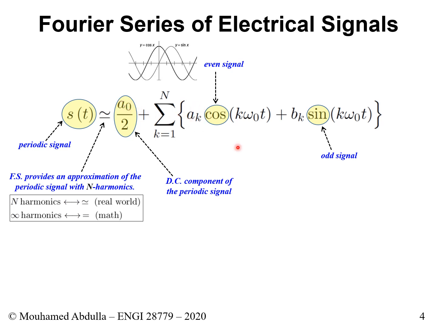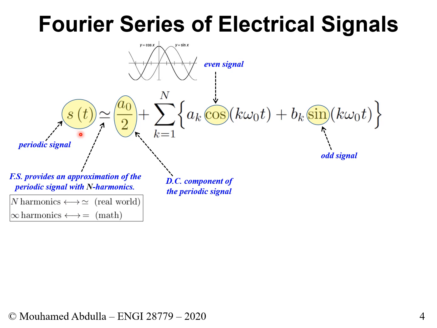If, however, your signal is an odd signal, you only need to find this, and this will be 0, and this will also be 0. Okay, so this is why I showed you earlier the definition of even and odd signals, because it will simplify the analysis of Fourier series. So again, if you want to find the Fourier series equivalent representation of a signal, look at it and see, is it an even signal?